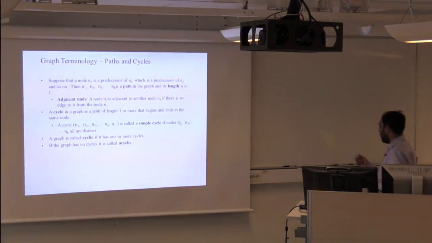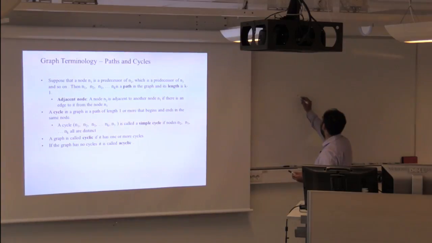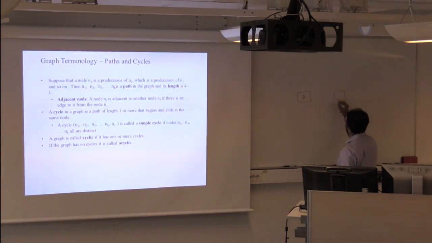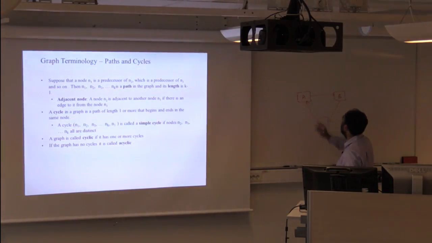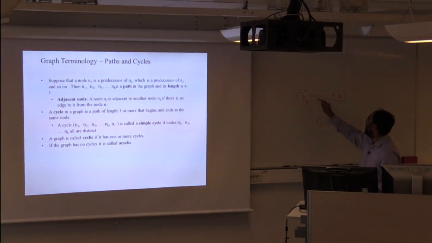If we have a graph which has node A, node B, and node C, a path starts from node A, goes to node B and C, and then comes back to A. So it means we have a cycle here.